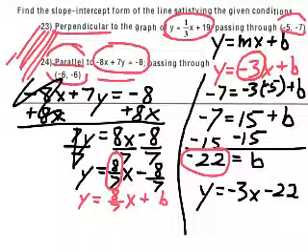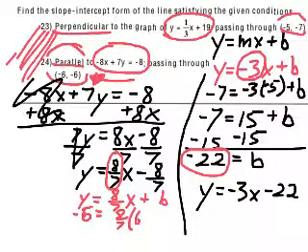And now we know it goes through those points right there. Okay, so we'll stick those in to find our b because they are on the new line. So we've got negative 6. Negative 6 equals 8/7 times negative 6, plus b.